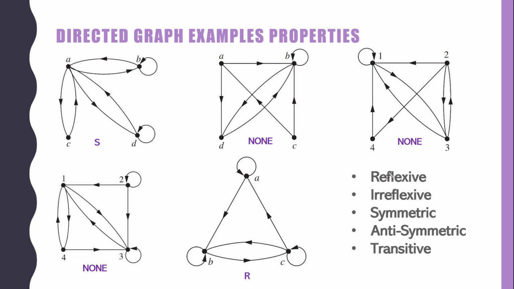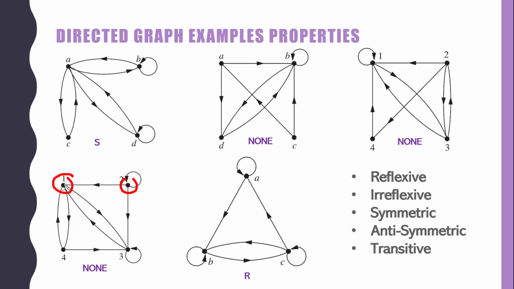You have only straight arrows. Then the last one here, transitive. Transitive it's pretty easy to spot. It's just, if you have a really complex graph, it can be a little bit messy. But the basic idea is this. Let's take this one right here, for example. There is a path from 2 to 1.